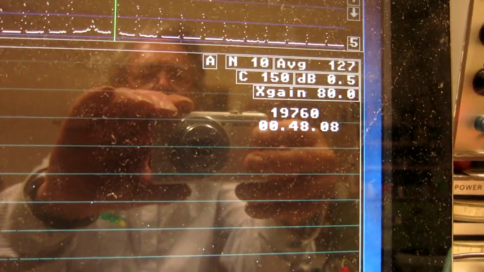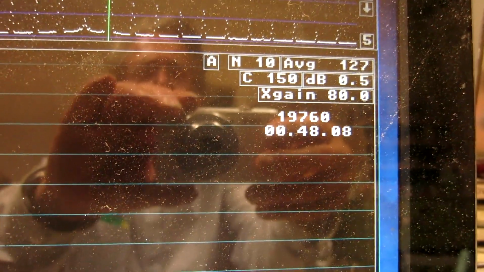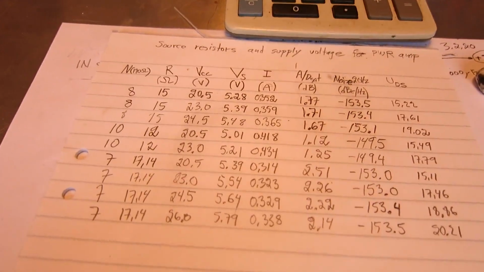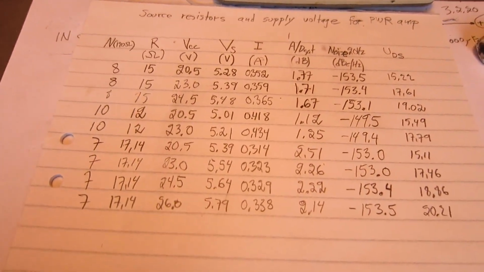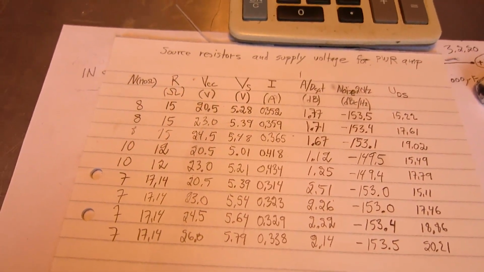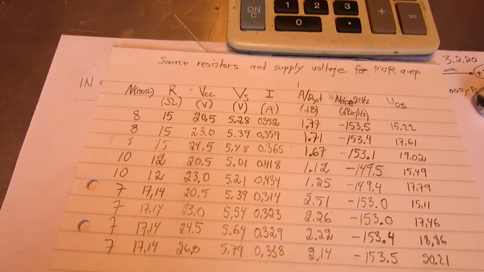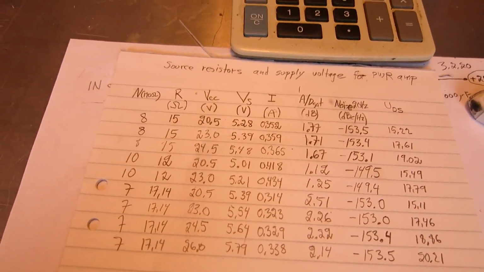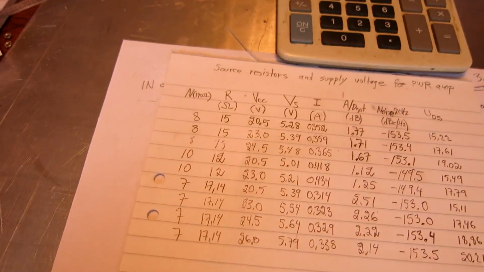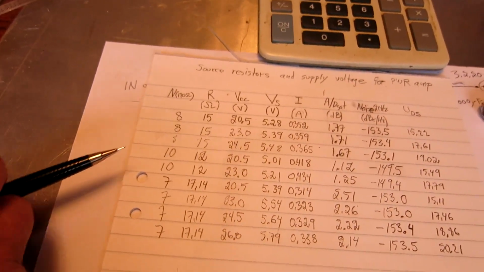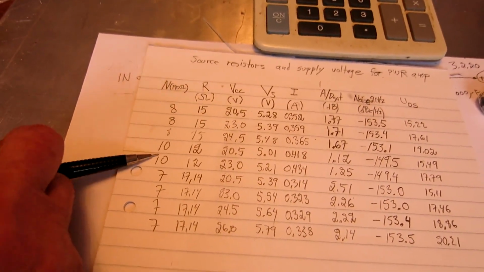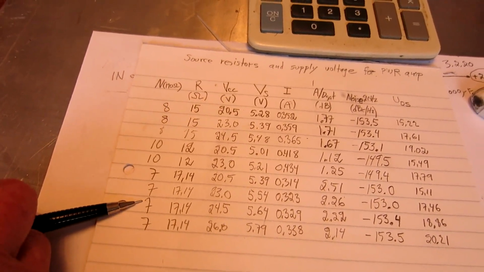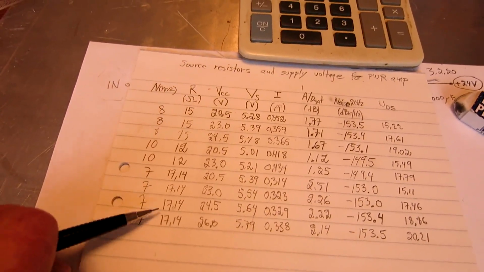I have waited for quite some time because I was doing something else. I have tried some different combinations of source resistor and drain voltage. So I used 120 ohm resistors, 8 of them, 10 of them, or 7. And that is the resistance.